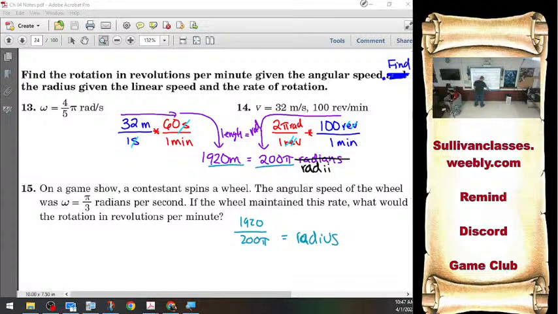Okay? When you do this, y'all got a calculator. Be aware that if I say 1920 divided by 200 pi versus 1920 over 200 pi, those will result in different answers. Why? Because you're dividing by 200, and then multiplying by pi. Division is a lie.